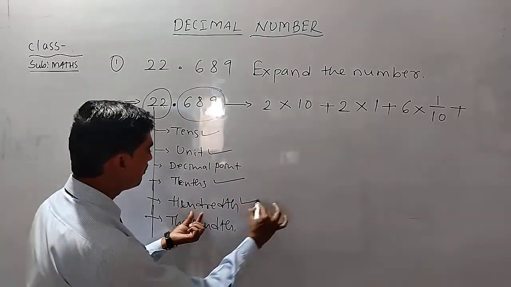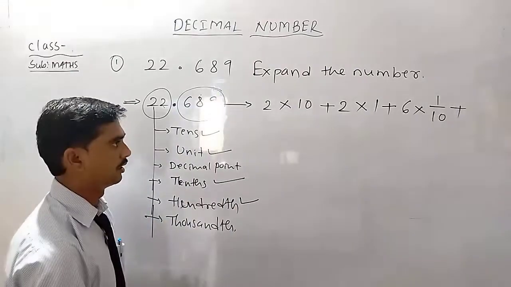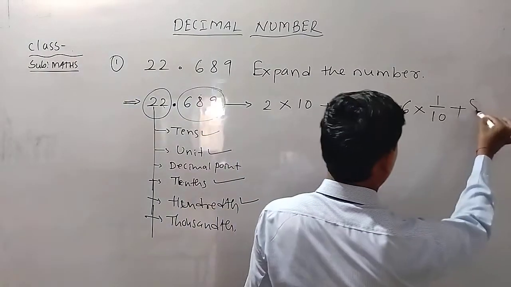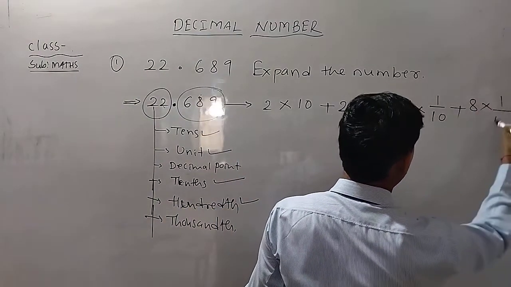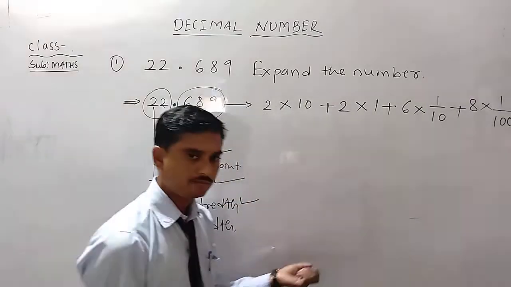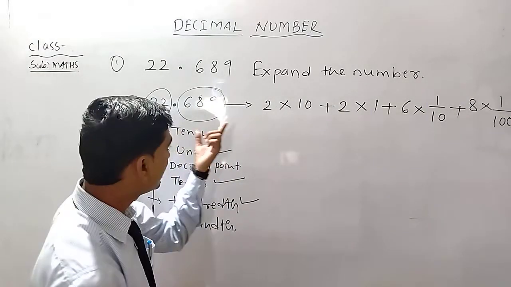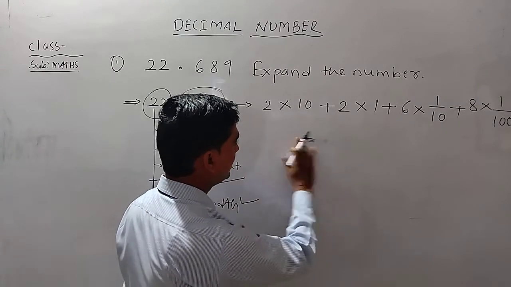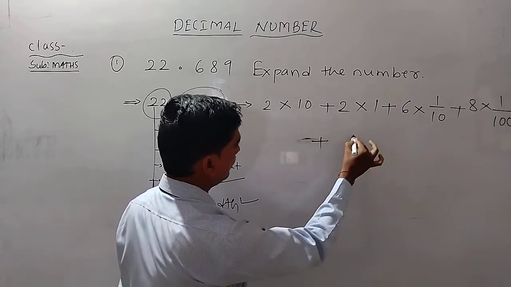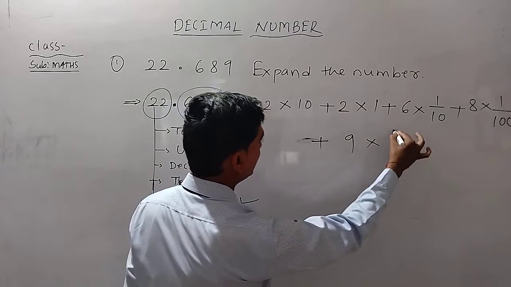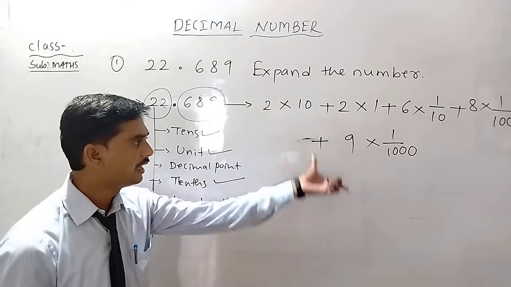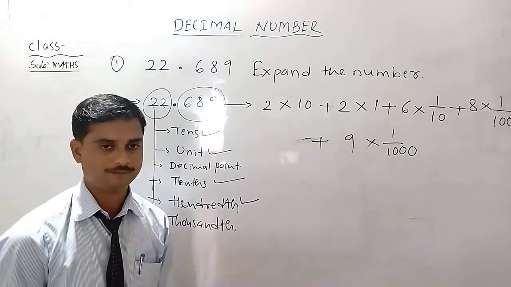Then come to the next number, the hundredths place number, which is 8. 8 multiplication 1 by 100. Come to the last number, I'm going to write here plus 9 multiplication 9 by 1000. This is the expanding method.